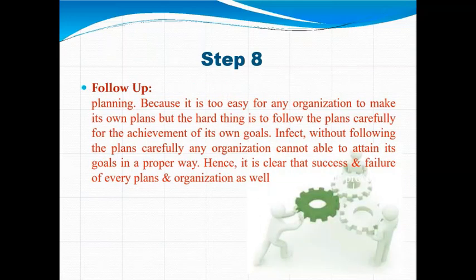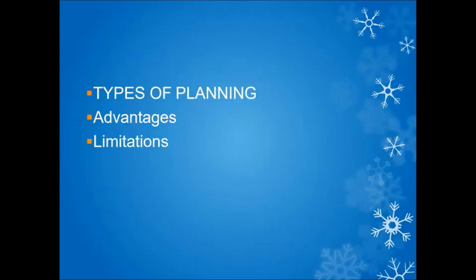In the process of planning, the first step is determination of the goal or objective. The second is the determination of planning premises. The third is determining the alternative courses of action.